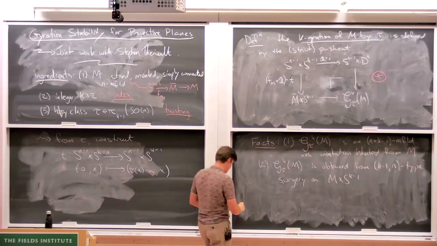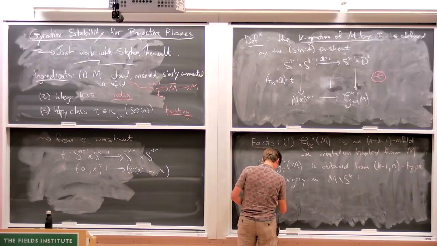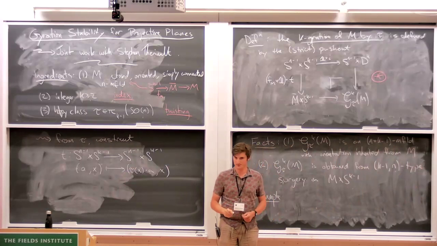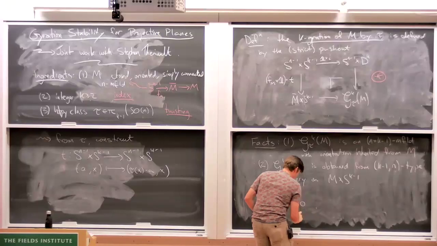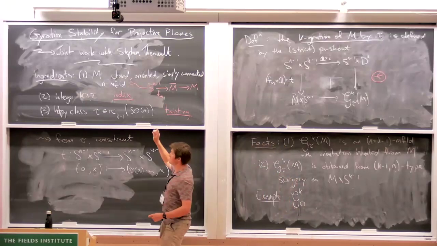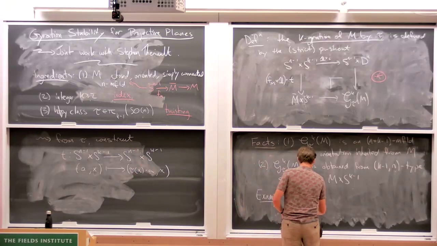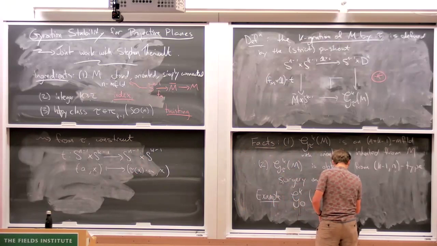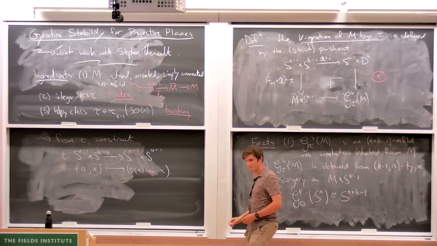And an example: what happens if I gyrate a sphere? When I put a 0 subscript, that means I'm taking the trivial homotopy class. What's the trivial gyration of a sphere? This has the homotopy type of S^{n+k-1}.